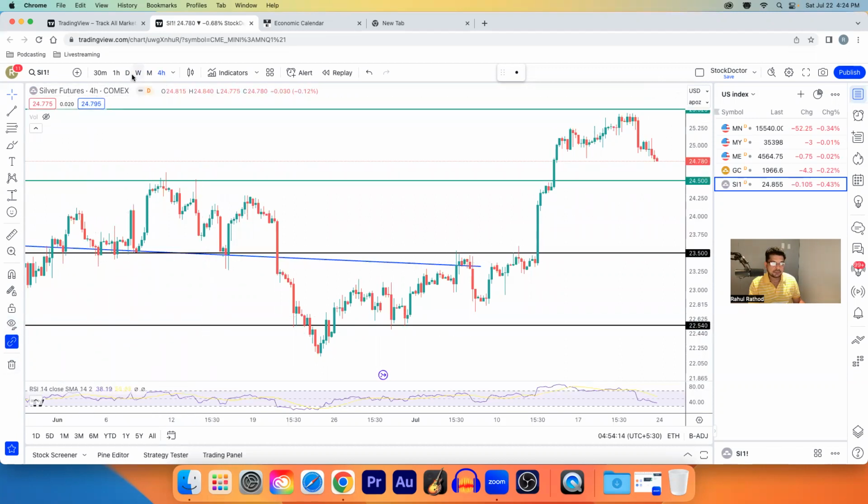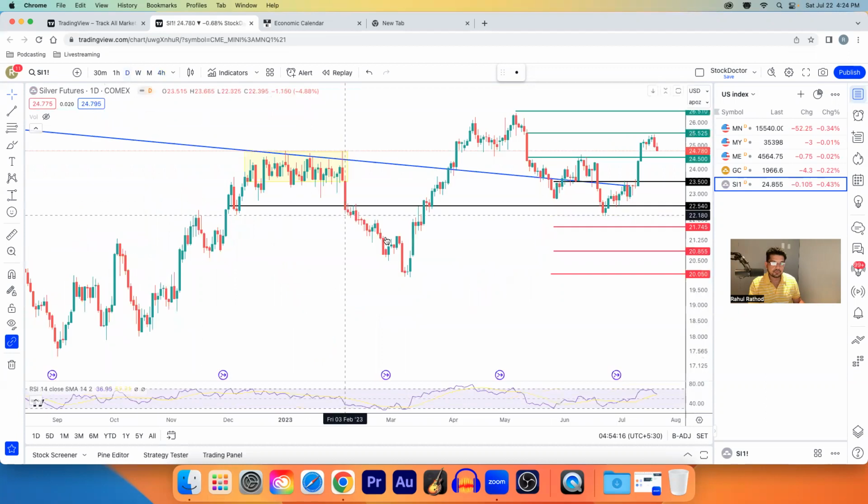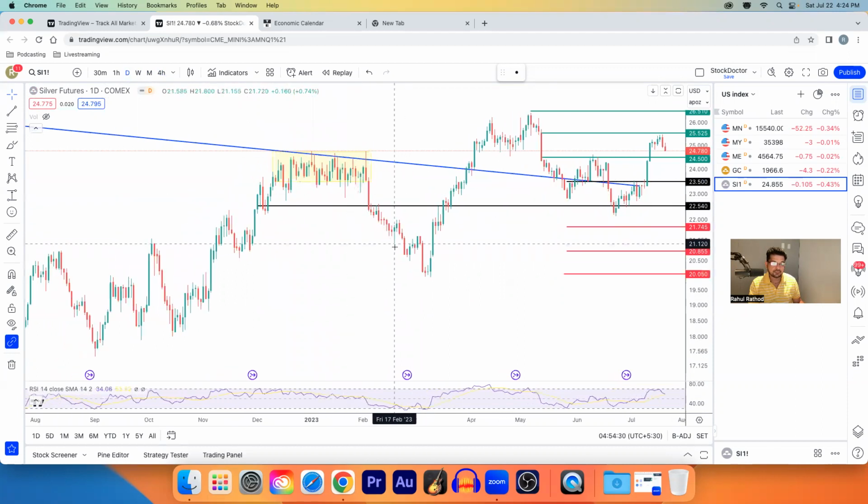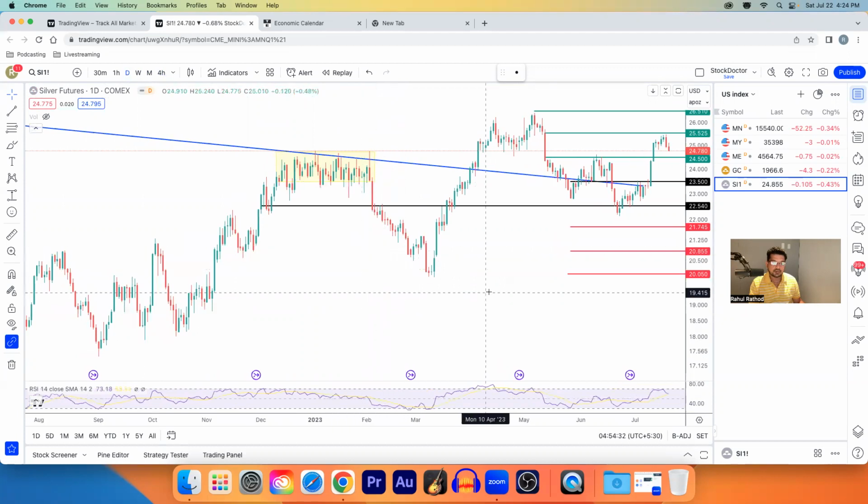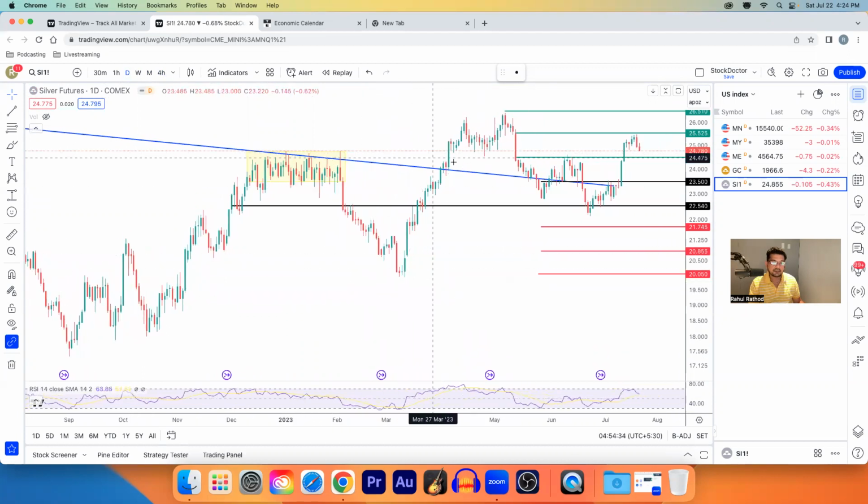This chart is quite interesting for me because I mentioned to you guys in the last so many videos that there was a distribution in this yellow zone and then it went down, right? From 23.50 to $20. And after that, it broke that distribution zone here.